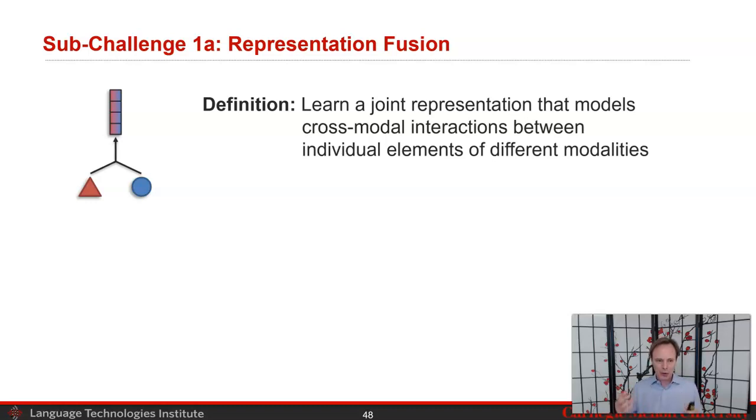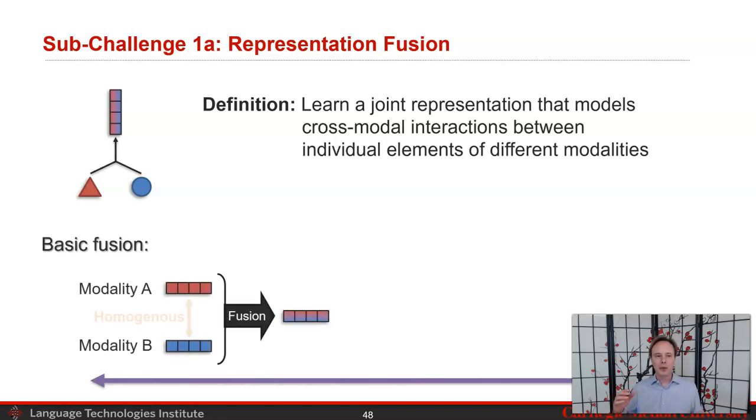And so when we study cross-modal interaction, and specifically their fusion, you can see it almost as a spectrum going from basic fusion, where although it is from two different modalities, the representation may be a lot more homogeneous.